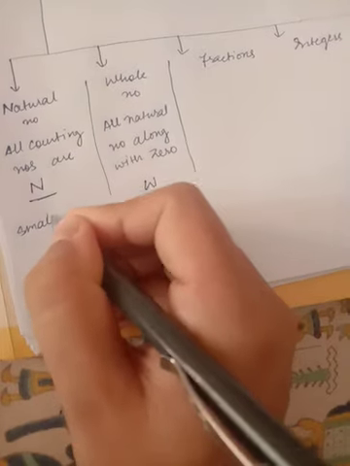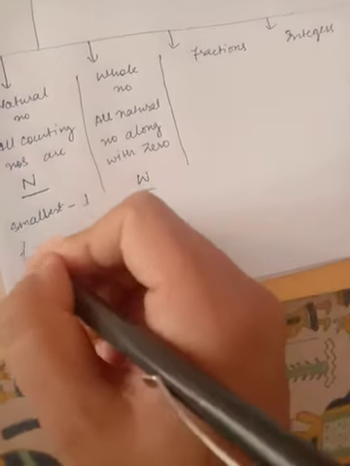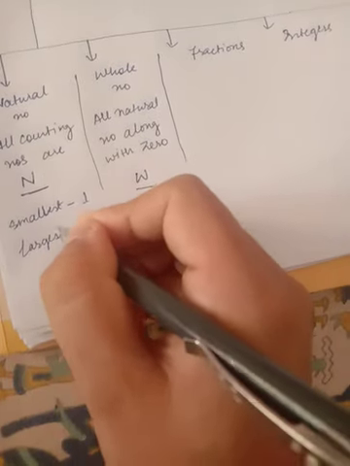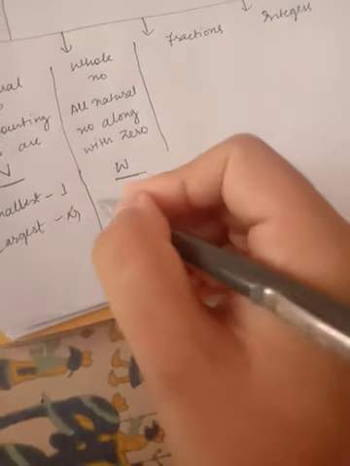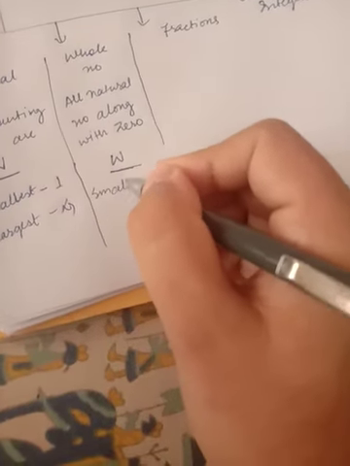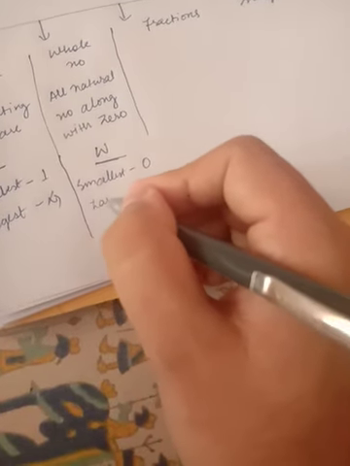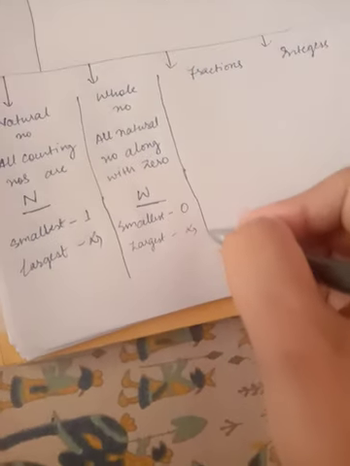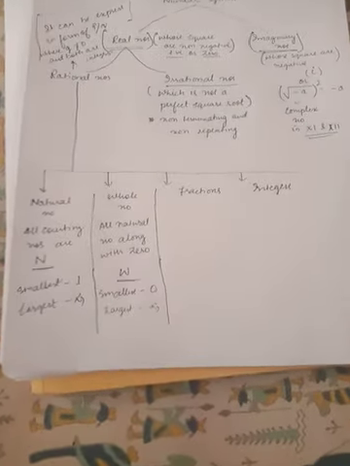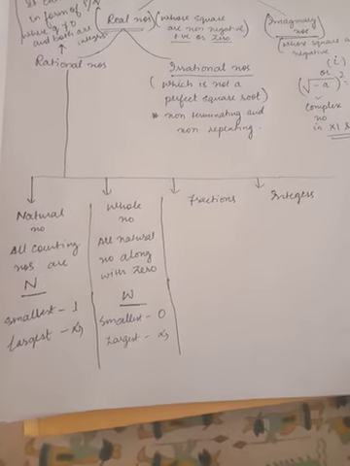The smallest natural number is 1, and the largest is infinity. In case of whole numbers, the smallest is 0 and the largest is infinity. Please keep in mind that this chapter is very important for the class 9th and 10th examinations.